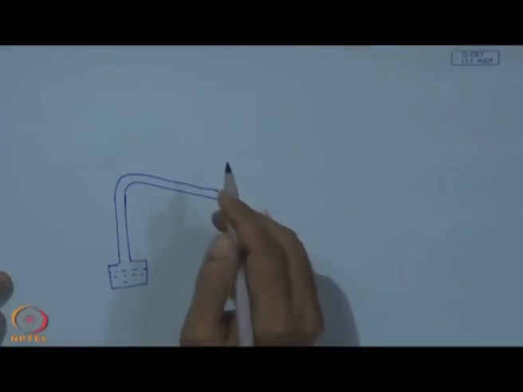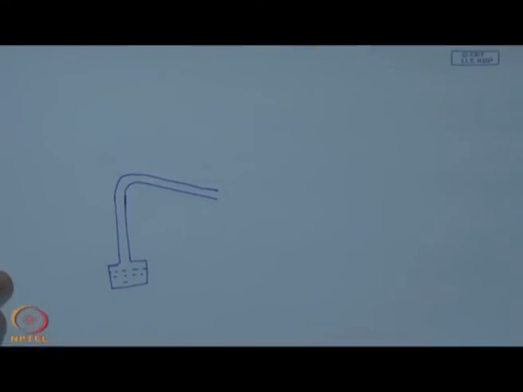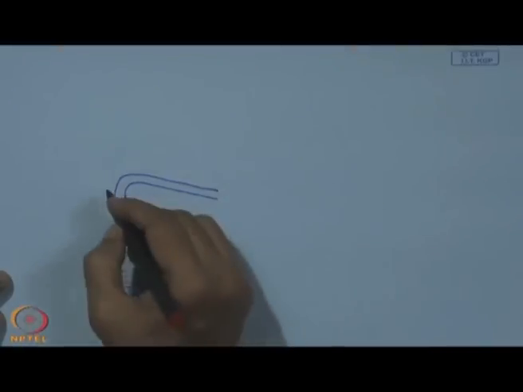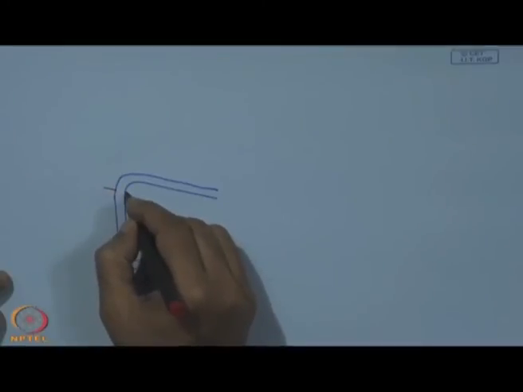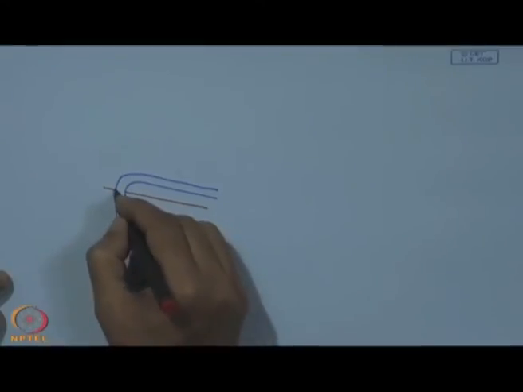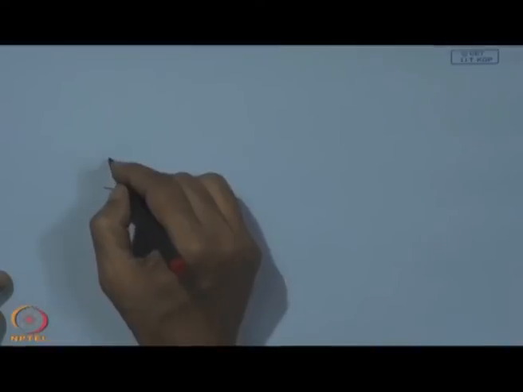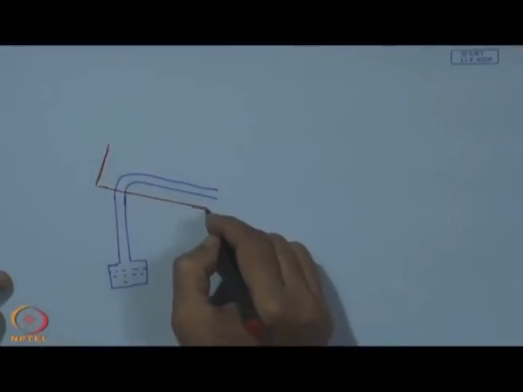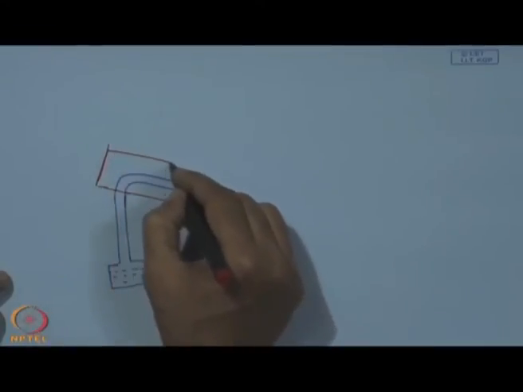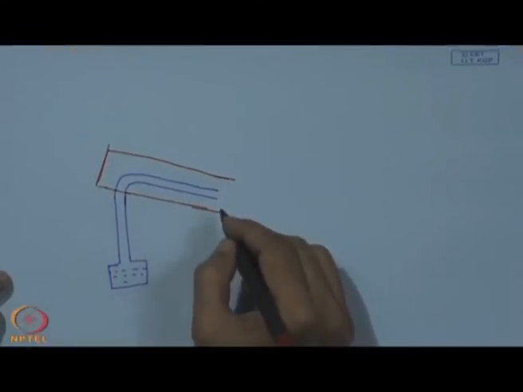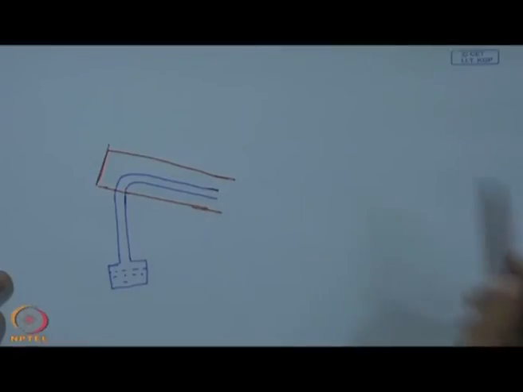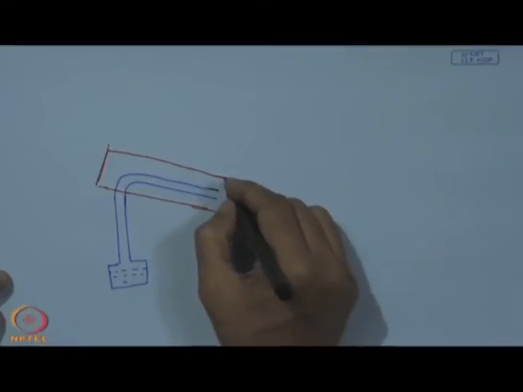It is bent, and then what we have in addition to this is one vessel. It goes inside, and here we have a cone like thing.